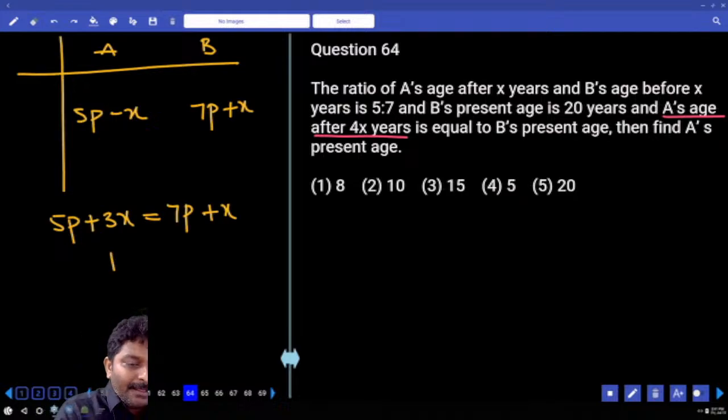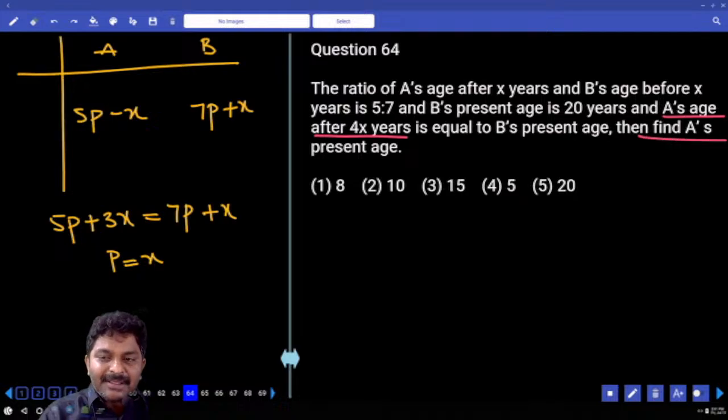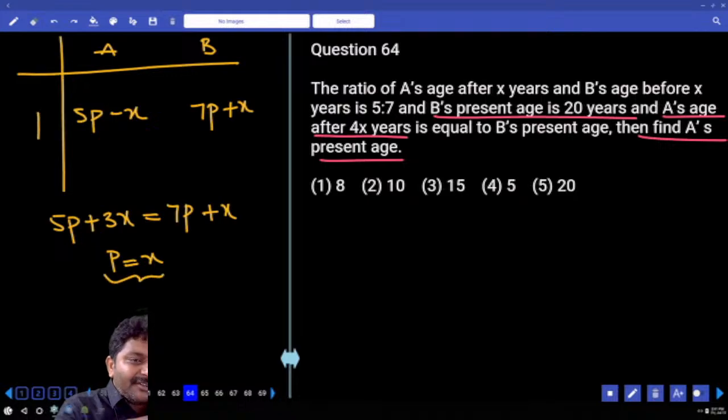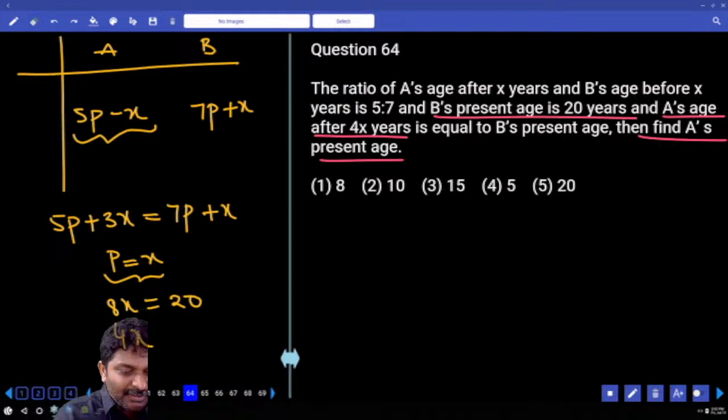That means p and x both are equal. Then find the present age of A. B's present age, when p and x both are equal, is 8x. Can I write A's present age as 4x?